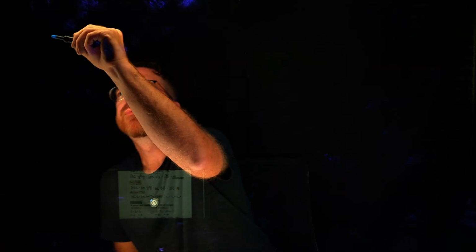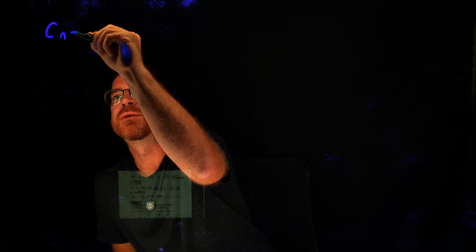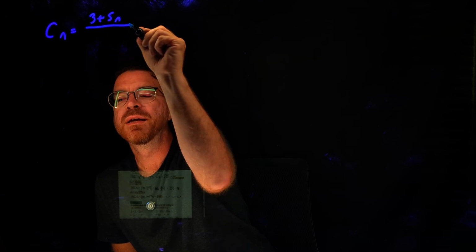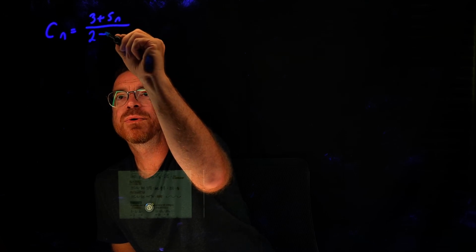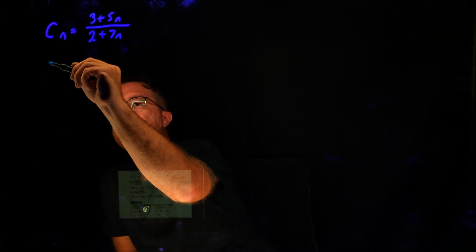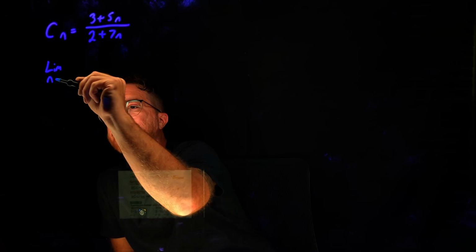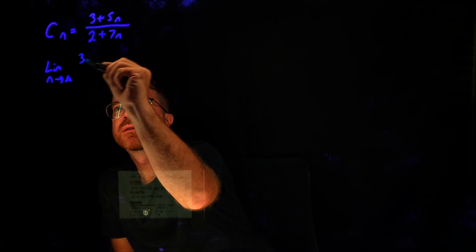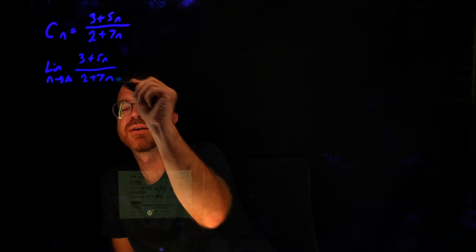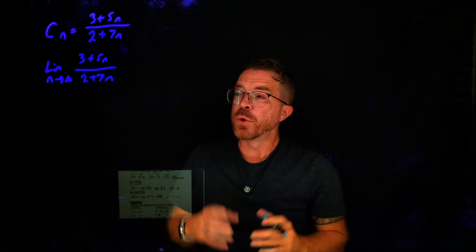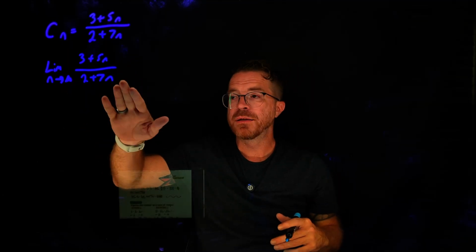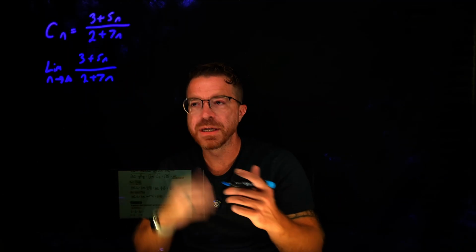For our next example, we're going to be taking the limit of this sequence, Cn equals 3 plus 5n divided by 2 plus 7n. So first thing we're going to do, we'll set up our limits. We have the limit as n approaches infinity, 3 plus 5n divided by 2 plus 7n. So what I'm going to do is just like before, I'm going to divide by the highest power of n in the denominator. So in this case, it's just n to the 1.